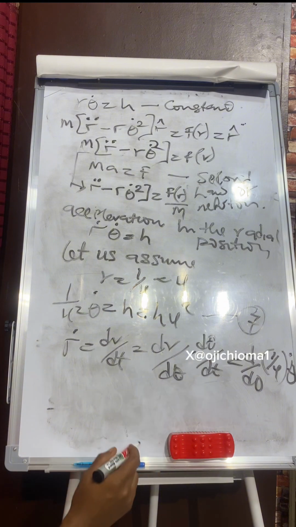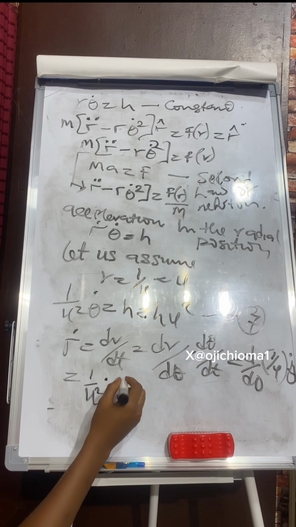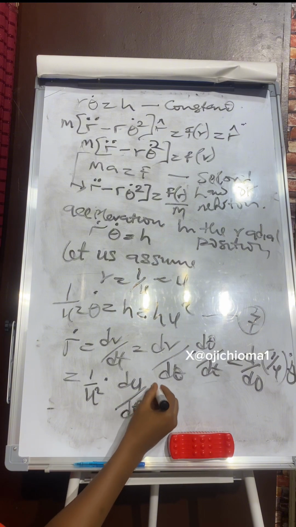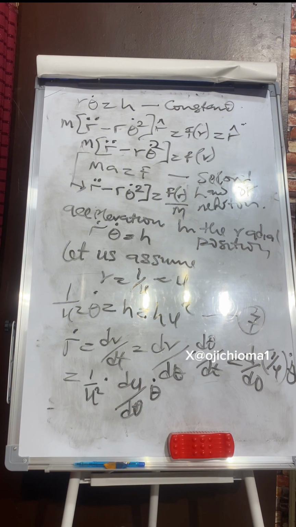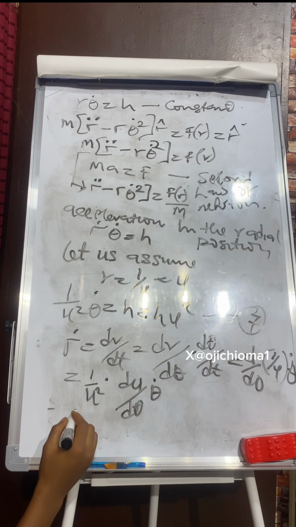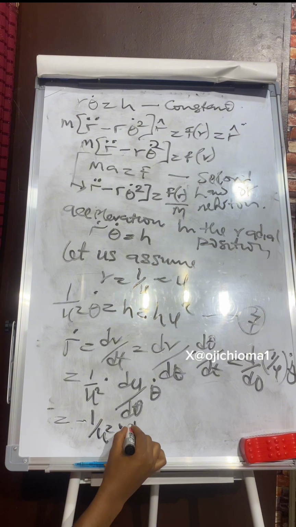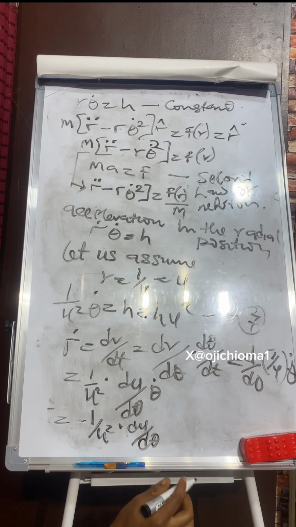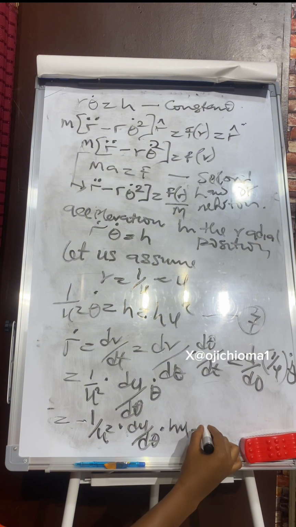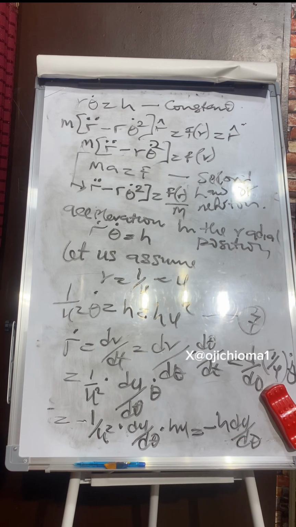Breaking it down further, we have minus 1 over u squared times du over dθ times h u squared, which equals minus h du over dθ. So we stop here.